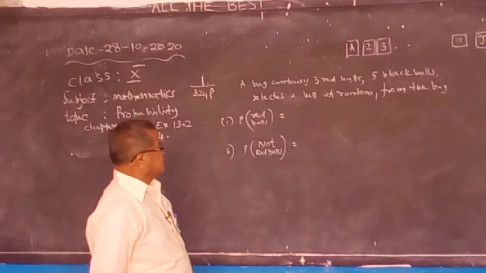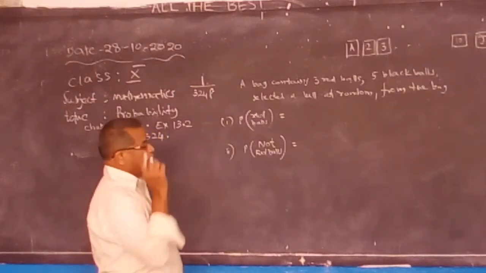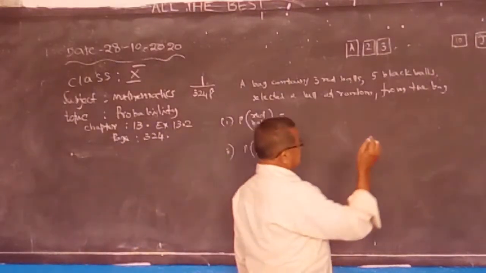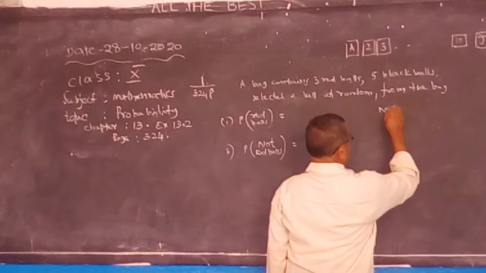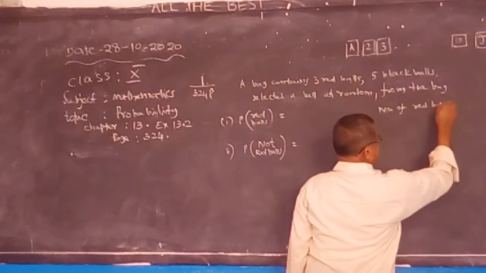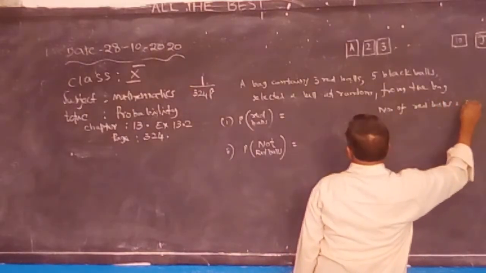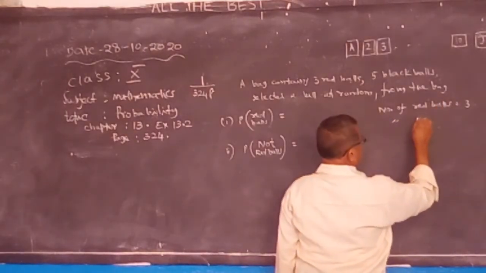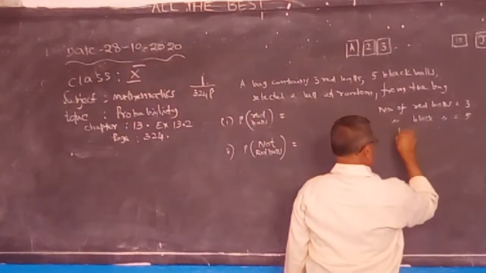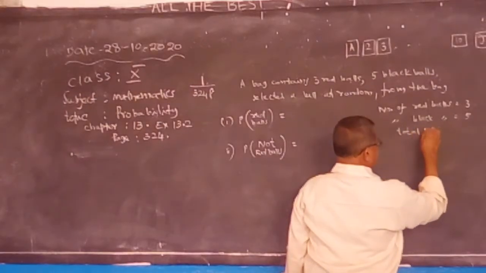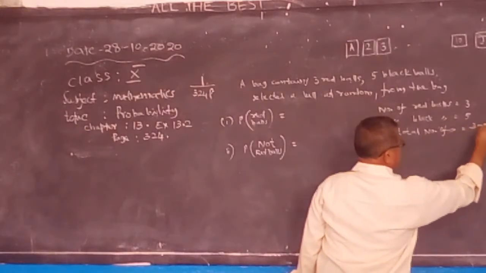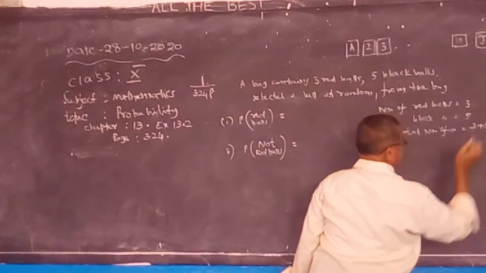See, you have 5 steps. Number of red balls 3, number of black balls 5, total number of balls is equal to 3 plus 5 equal to 8.